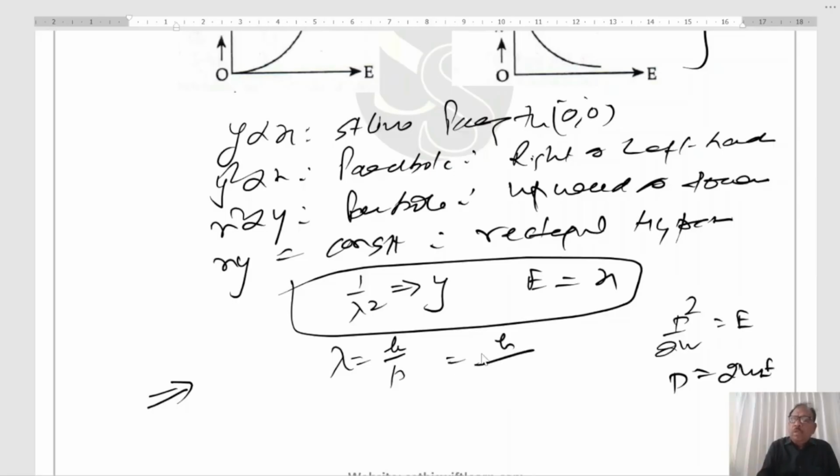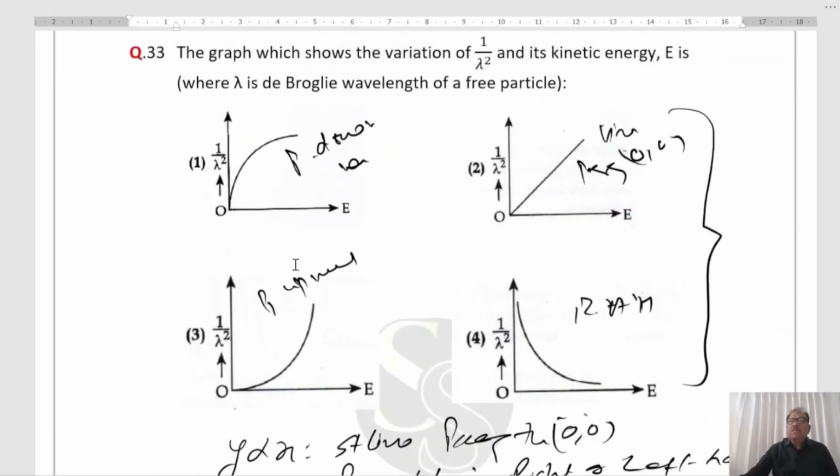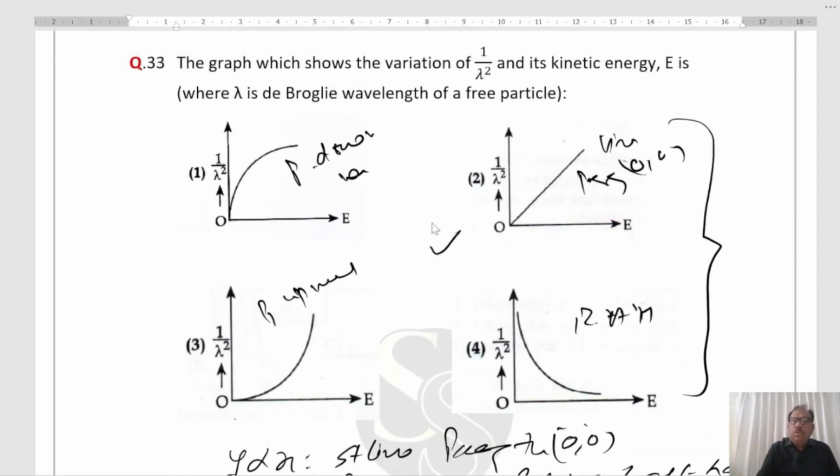That is, lambda equals h over under root 2mE. So 1 over lambda square will be equal to 2m over h square into E. This is constant for a given setup. So this is y, this is x, so y is proportional to x. The correct answer will be option 2.